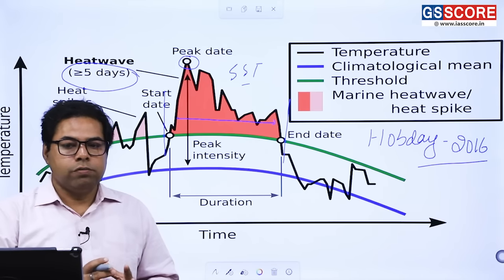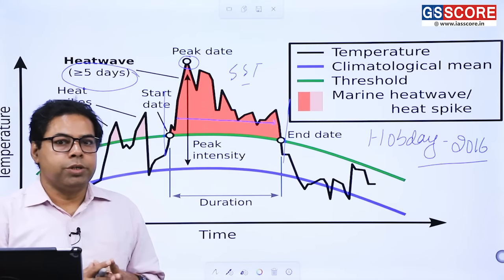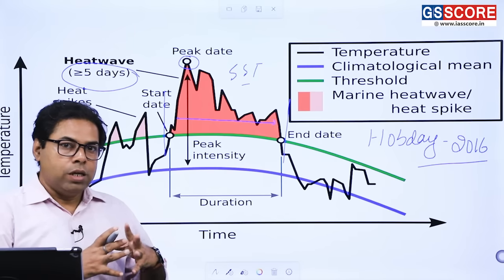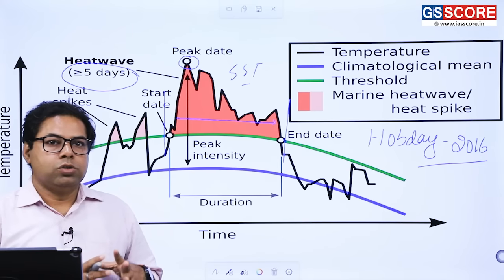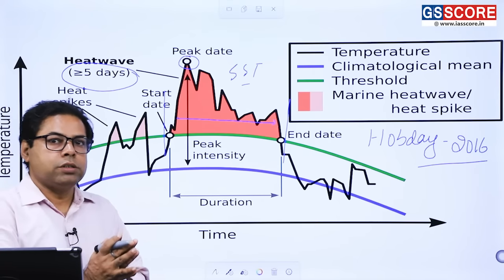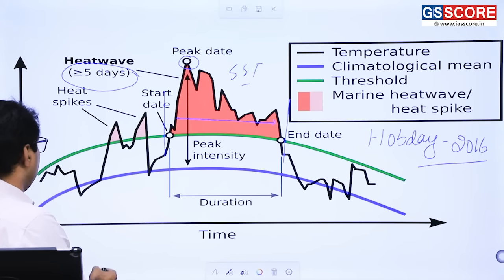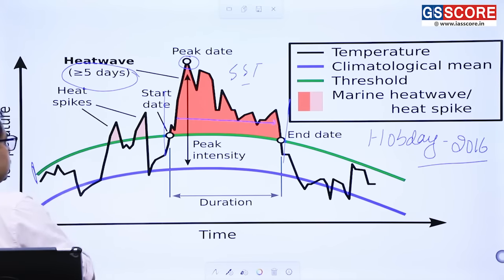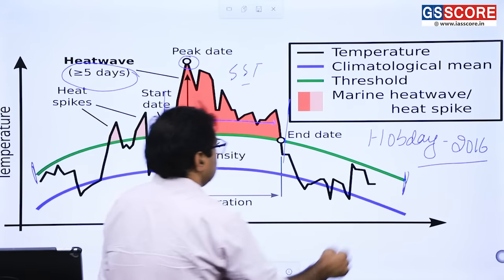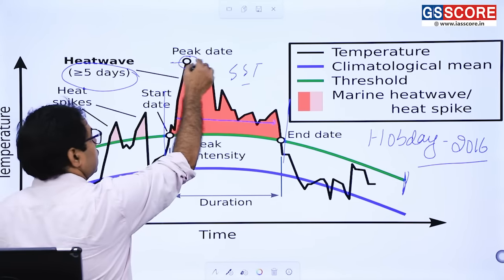So a heat wave is a very drastic change in temperature in the ocean water, reporting an excessive rise in temperature above the average. This green line, the green curve that you see, is the average temperature, and the temperature goes above the average.